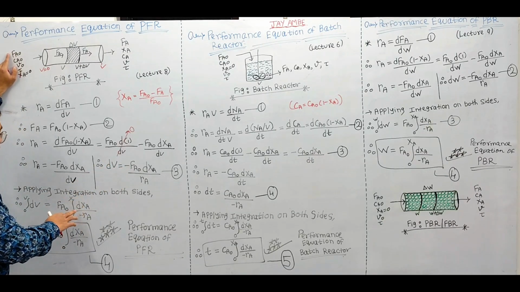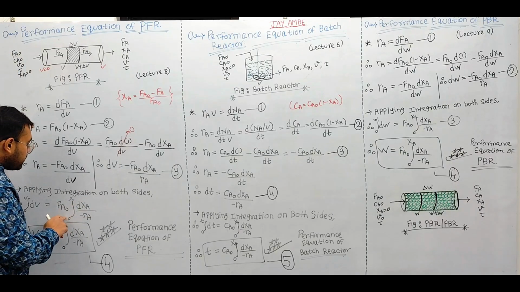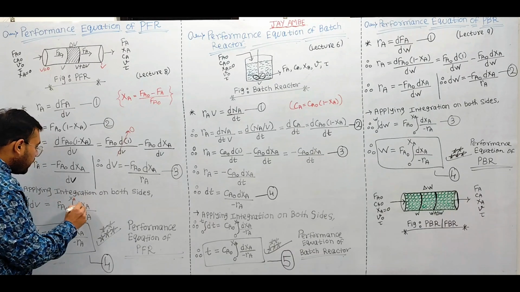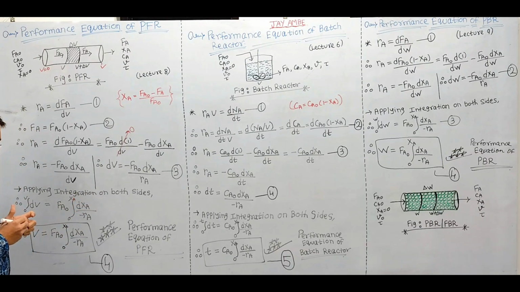So we are further writing the integration from 0 to XA of dX upon minus RA, right? Now if we integrate, integration of dV will remain as V from limit 0 to V. So V minus 0 is equal to V. So on the left hand side, we remain only with the term V is equal to FA naught times the integration from 0 to XA of dX upon minus RA.